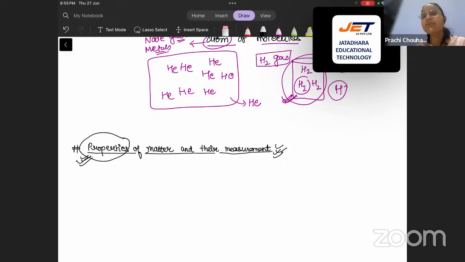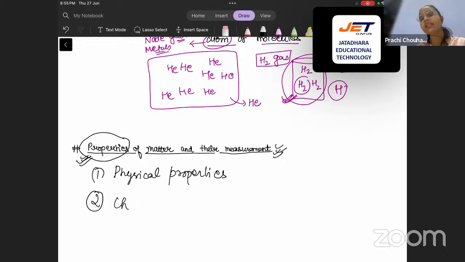So in properties, we will see the physical properties, and secondly, we will learn about the chemical properties. Whenever you are in the lab, if somebody asks you to tell all the things about a particular matter that you have, then you have to study both the physical properties and the chemical properties.